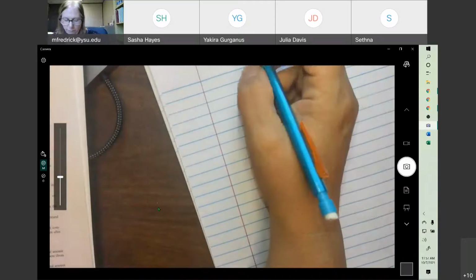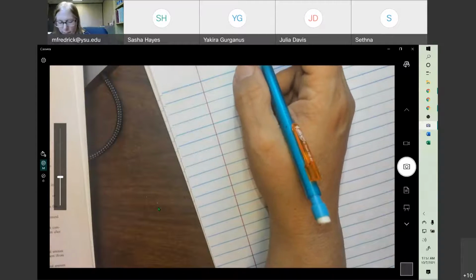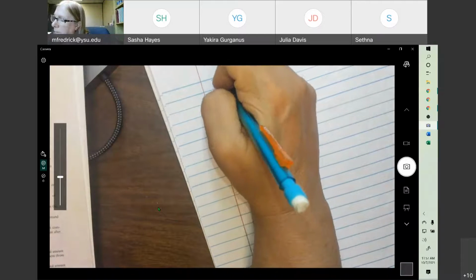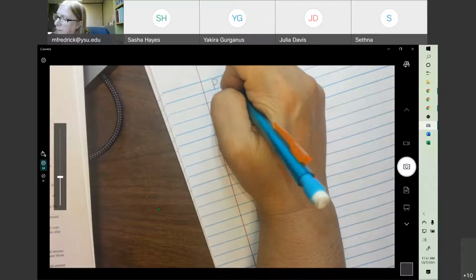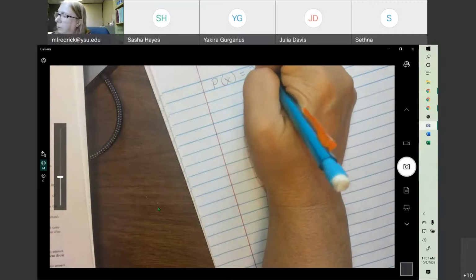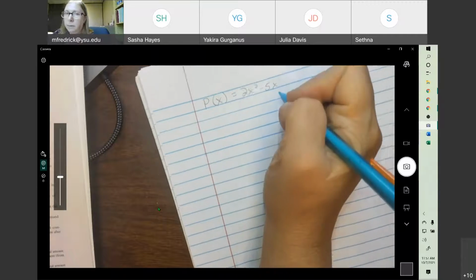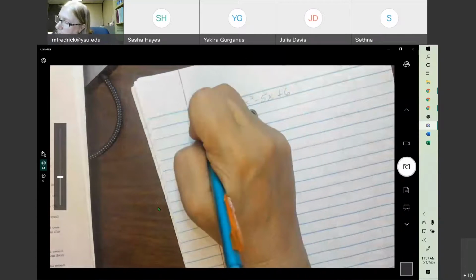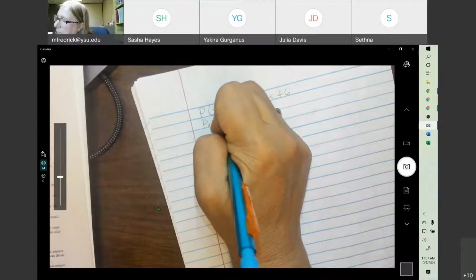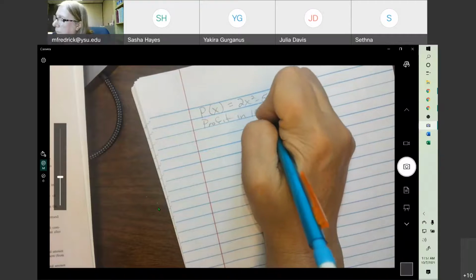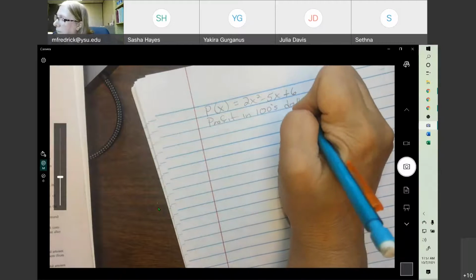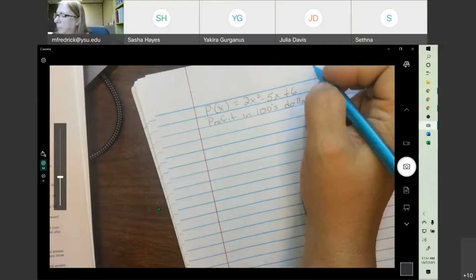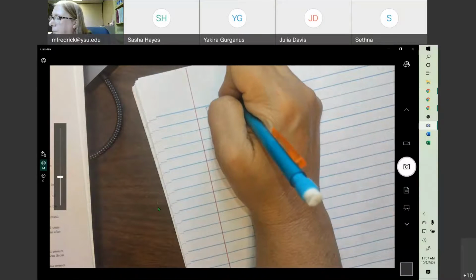It says, suppose that the total profit in hundreds of dollars from selling X items. So profit E of X equals 2x squared minus 5x plus 6. Profit is in hundreds of dollars from selling X, which is just the number of items.